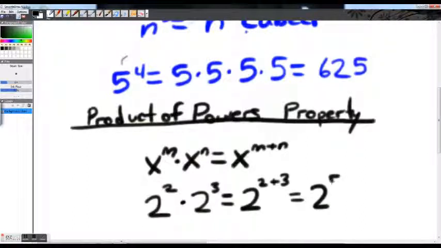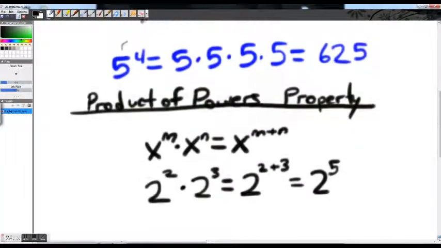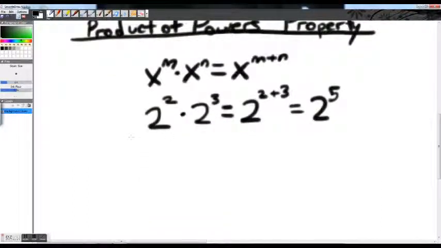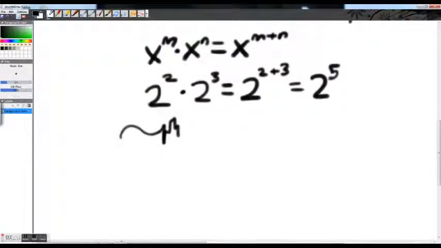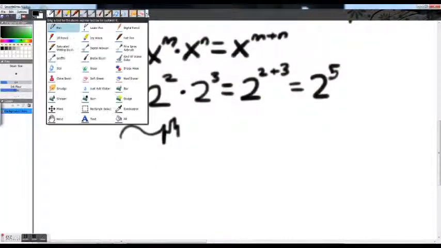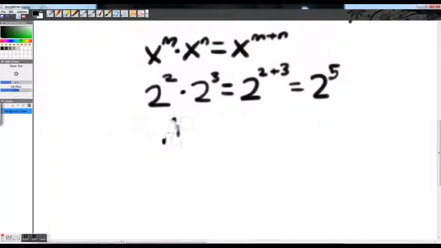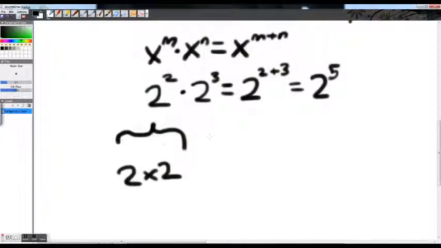And here's the logic of this. 2 squared is 2 times 2. 2 cubed is 2 times 2 times 2.